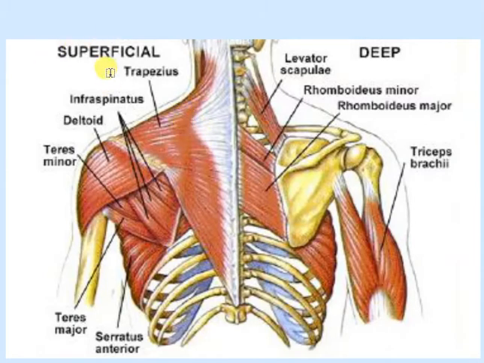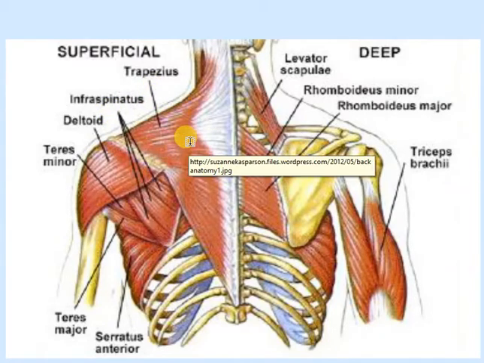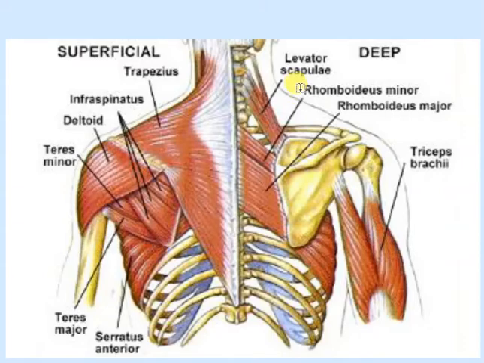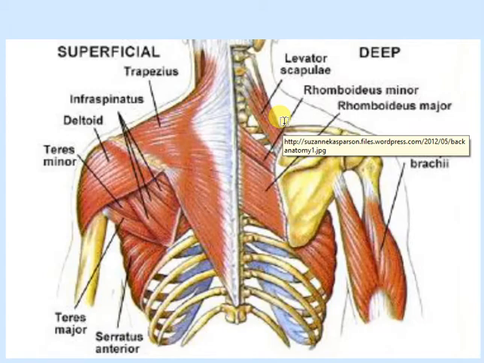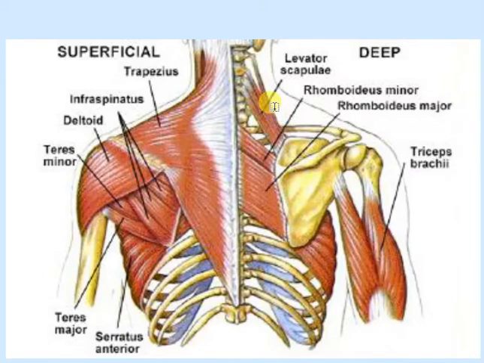In the superficial group, we have trapezius, infraspinatus, and in the deep group we have the levator scapulae. You see the position of the levator scapulae, and the kind of movement which can be controlled by this muscle. Also, you see the rhomboideus major and the rhomboideus minor. Other muscles will be discussed later.